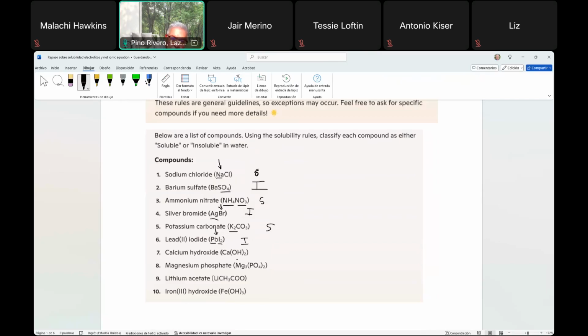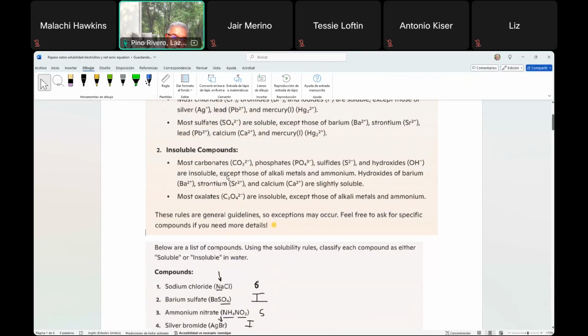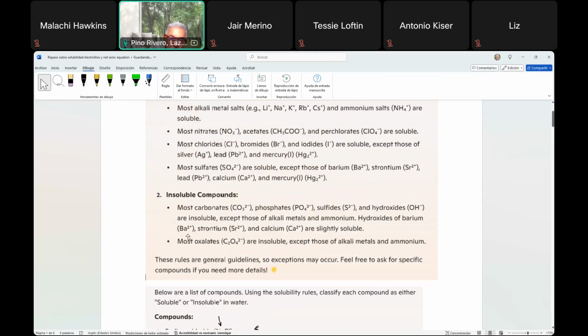What about hydroxides? If you go to the rule, you will see that most hydroxides are insoluble, except for alkali metals and ammonium.